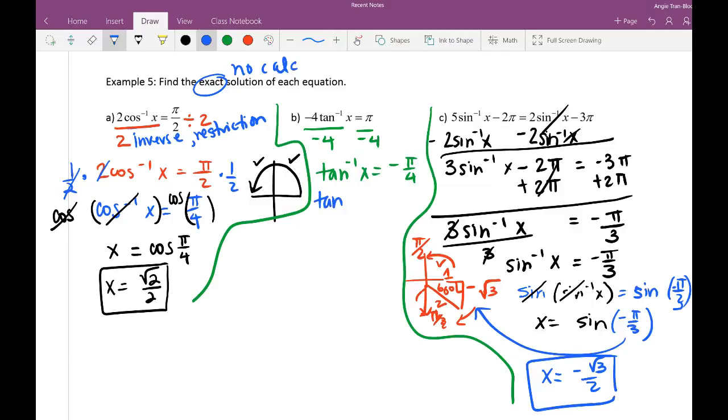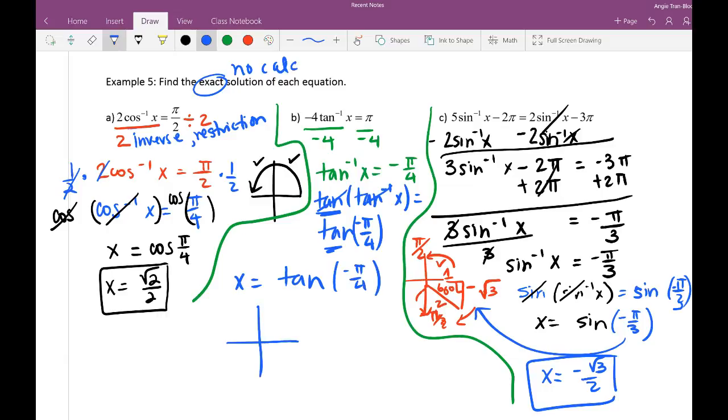Tangent of tangent inverse of x equals tangent of negative pi over 4, because what you do to the left, you need to do to the right. These will cancel out. So now you have x equals tangent of a negative pi over 4.